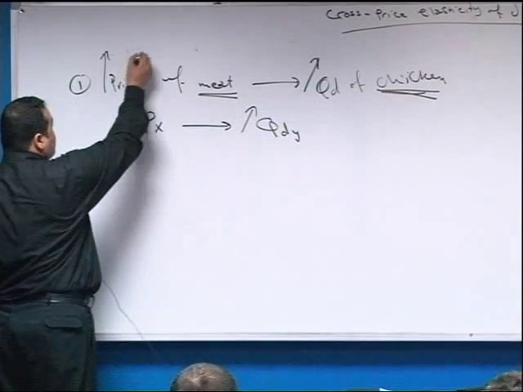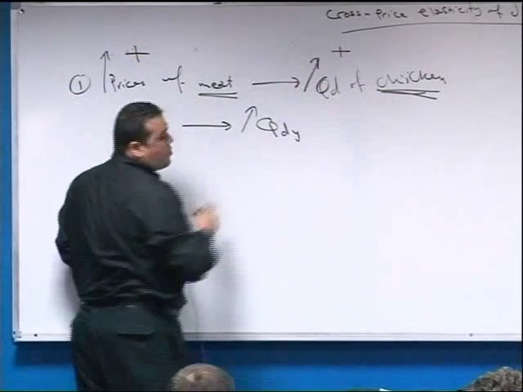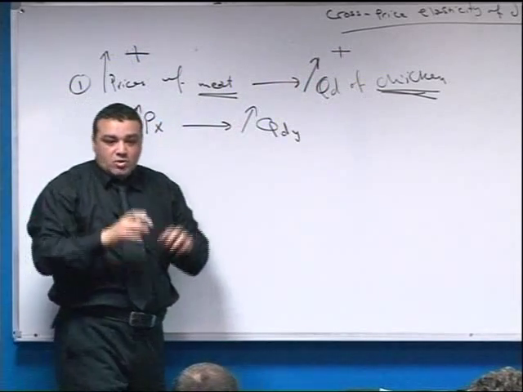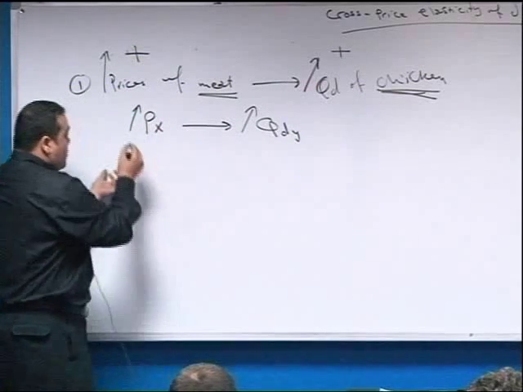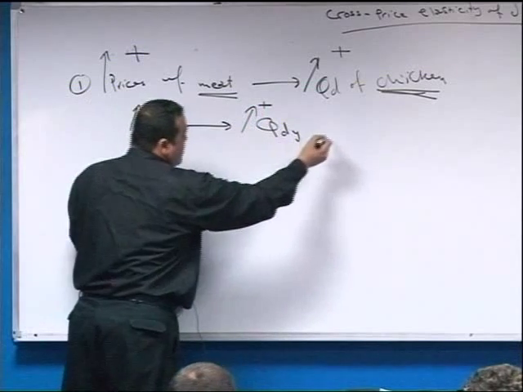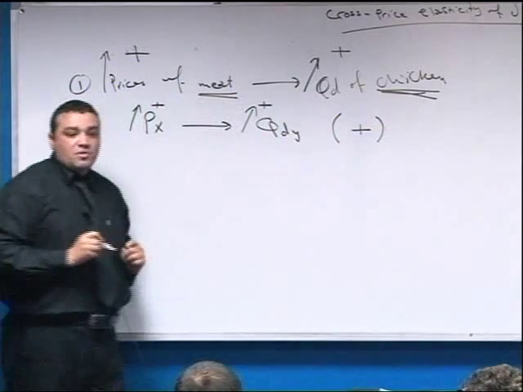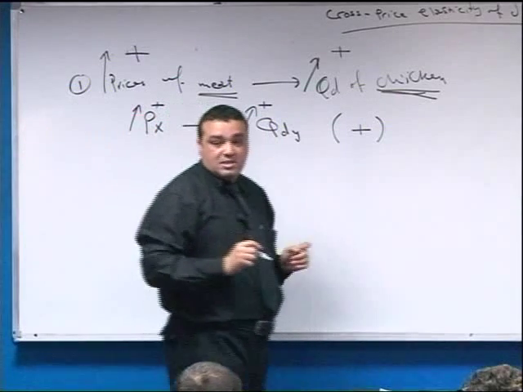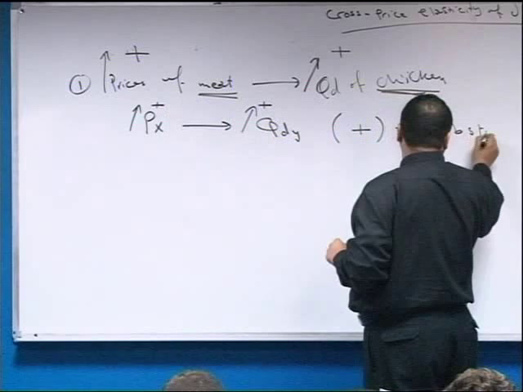So there is a positive relationship between the prices of meat and the quantity demanded of chicken. So the final result would be positive, and these 2 products are substitutes.